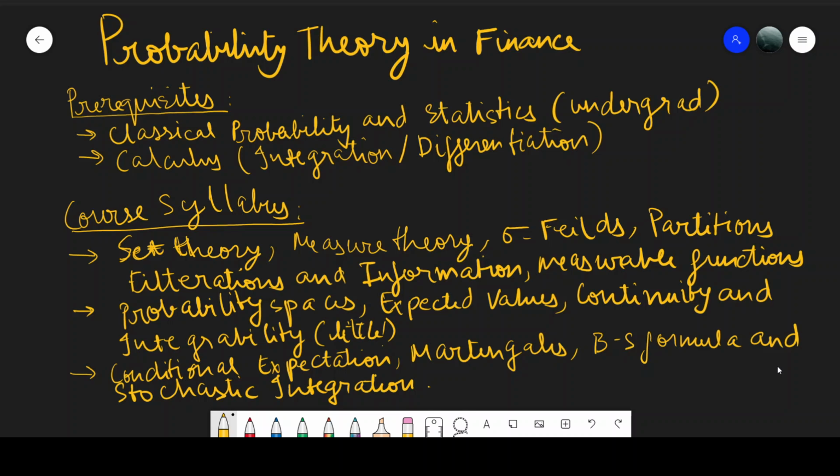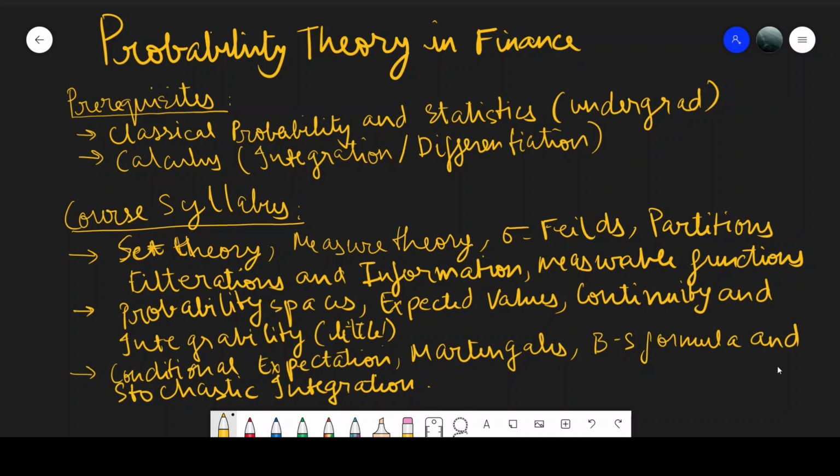Today I want to start a new series, which is titled Probability Theory in Finance. The reason I want to start this series is that a lot of times when students from fields like applied sciences or engineering take up the subject, probability theory in finance or mathematical finance, they find it very hard.